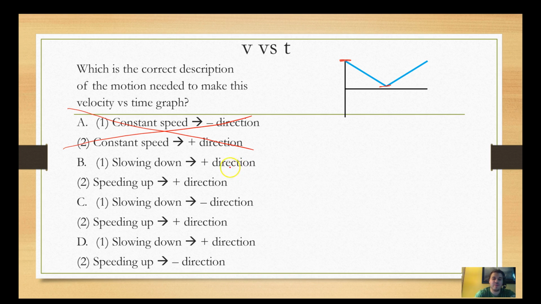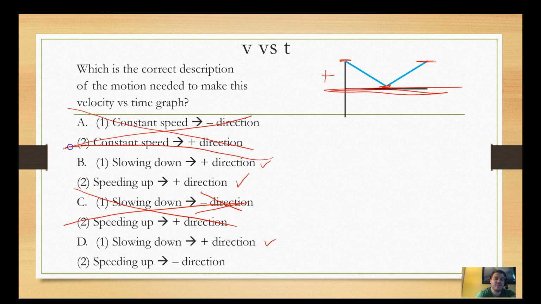I'm moving in the positive direction, so negative direction is out. After I slow down, I now go from a lesser positive value to a greater positive value, so I am now speeding up. It can look like I'm speeding up in a different direction, but the whole time my value is positive. I'm above the x-axis, so I must be speeding up in the positive direction.